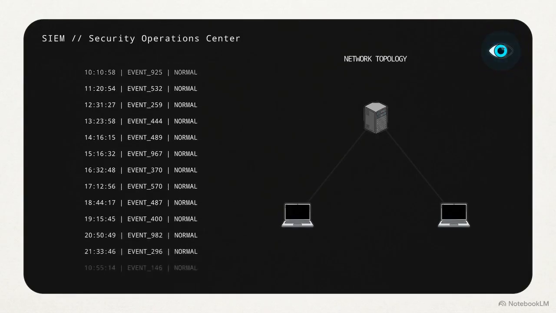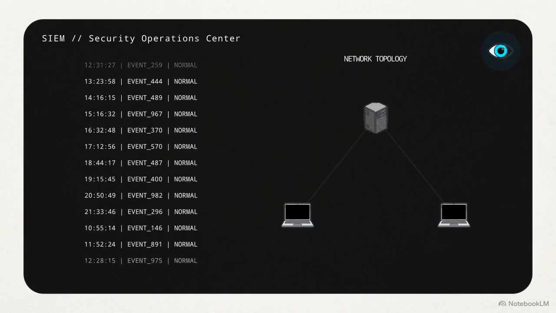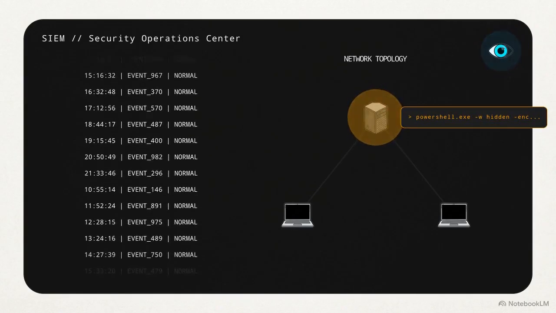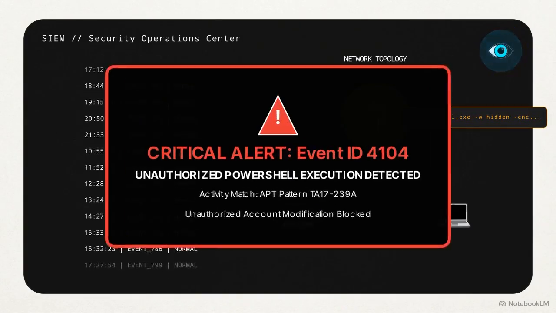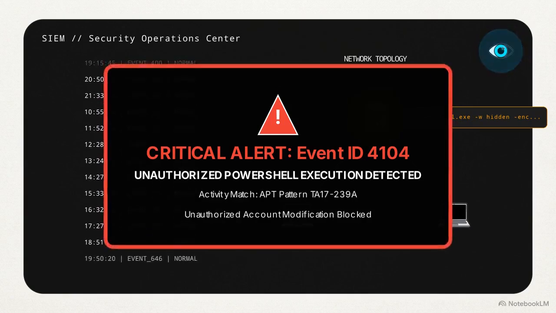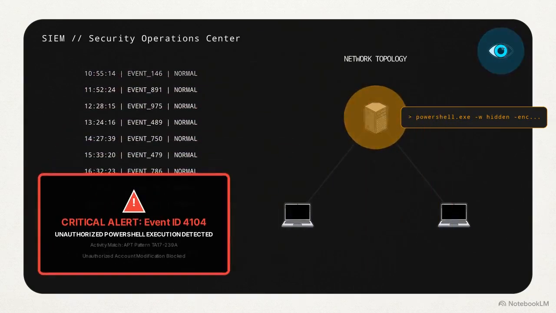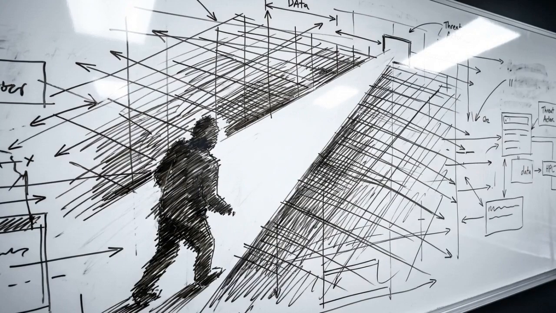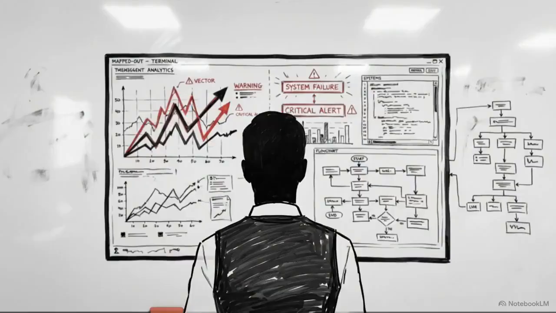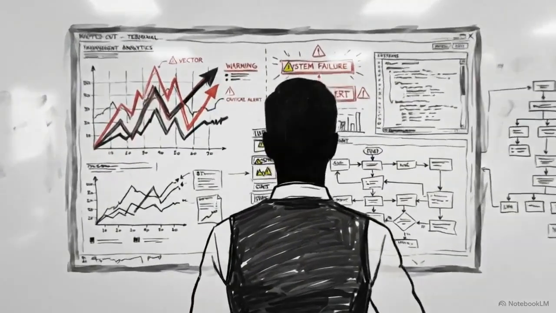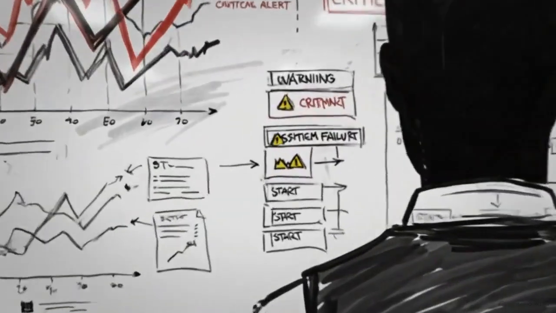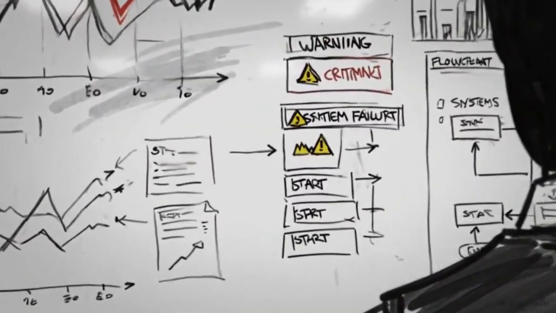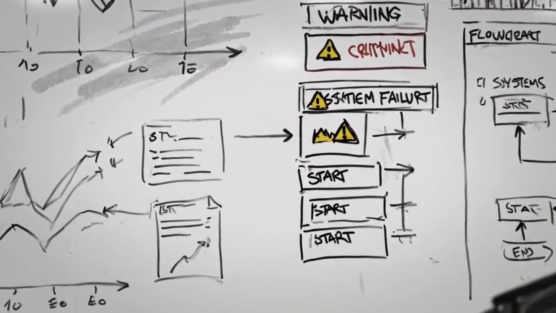By configuring alerts for specific behavioral flags, such as the execution of malicious PowerShell scripts linked to Event ID 4104, defenders identify unauthorized activity immediately. Eliminating standing privileges strips threat actors of their camouflage. Every time an attacker attempts to move laterally or alter a system, they are forced to request or execute elevated actions, generating immediate, detectable noise.